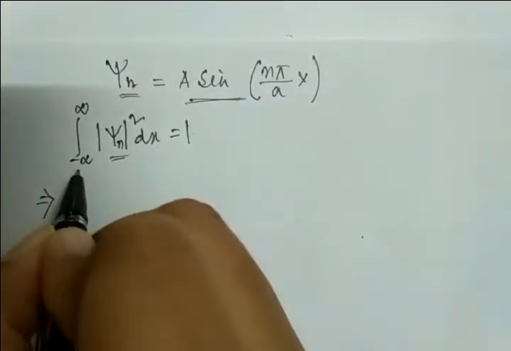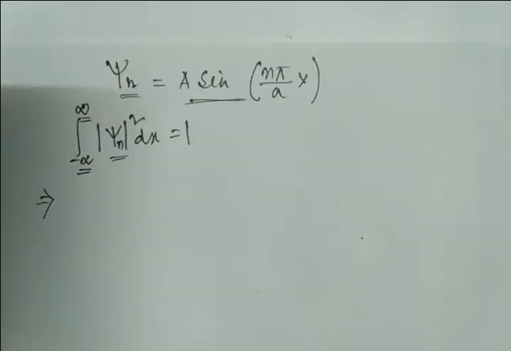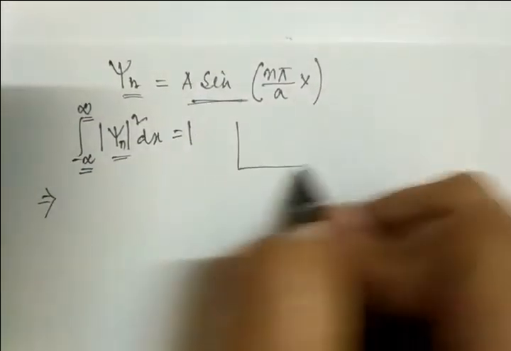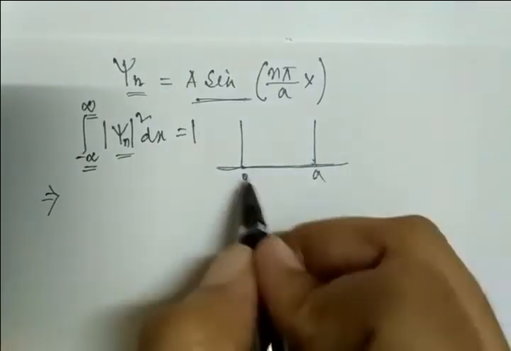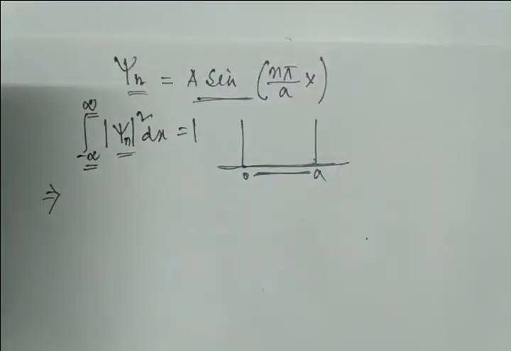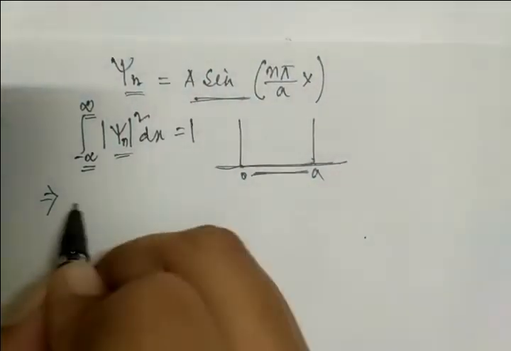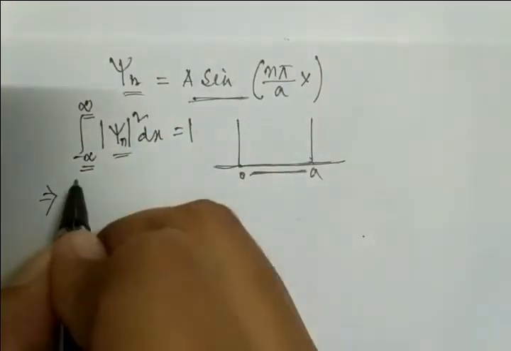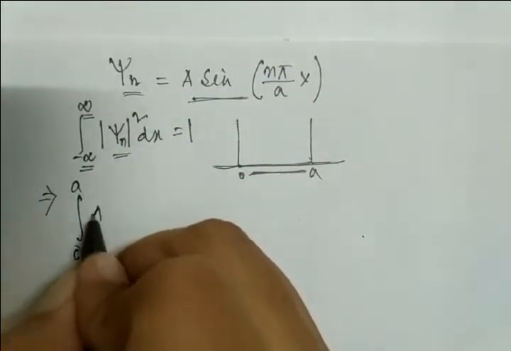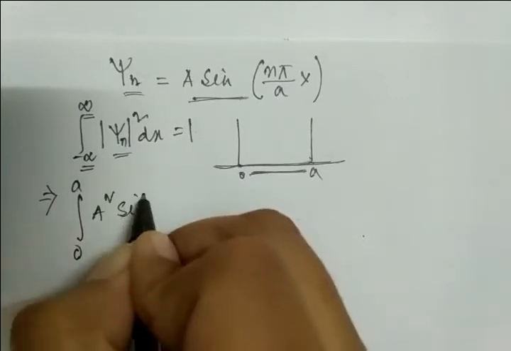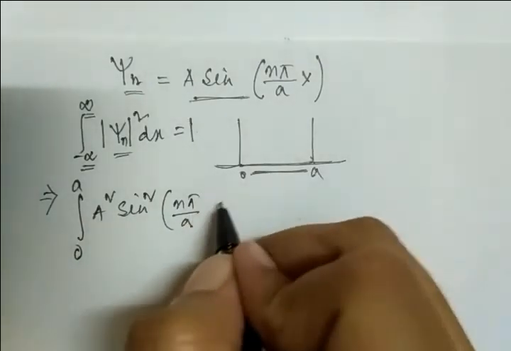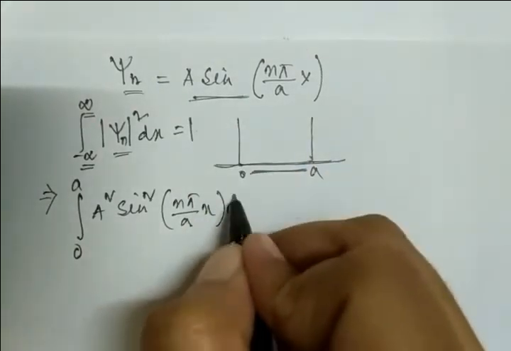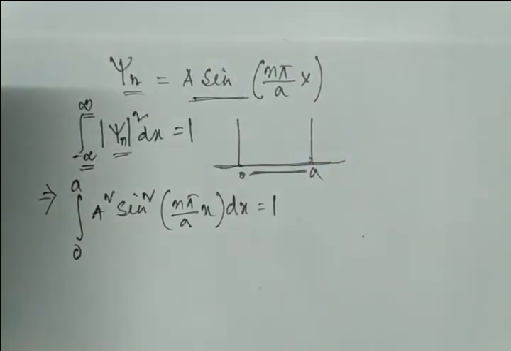And one more thing, what will be our limit? We are considering the region between 0 and a, so the limit of integration will be 0 to a, not minus infinity to plus infinity. This will be A squared sine squared n pi by a into x dx, equal to 1.